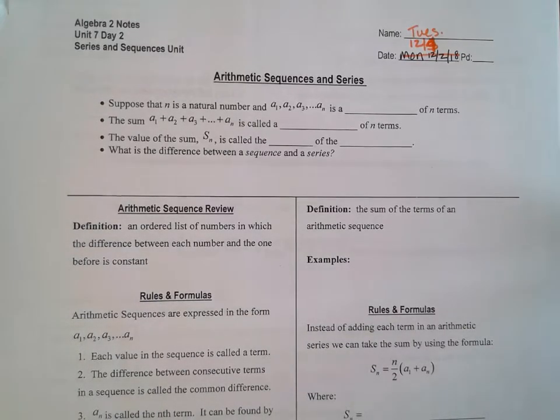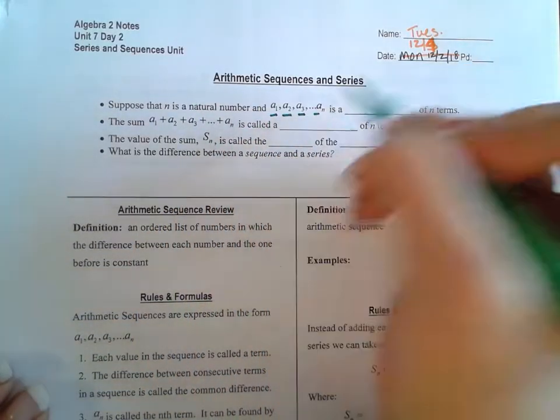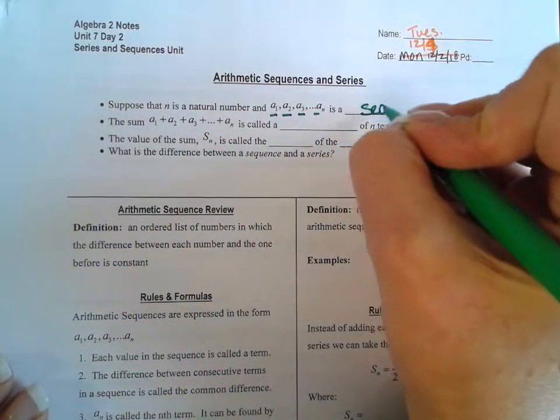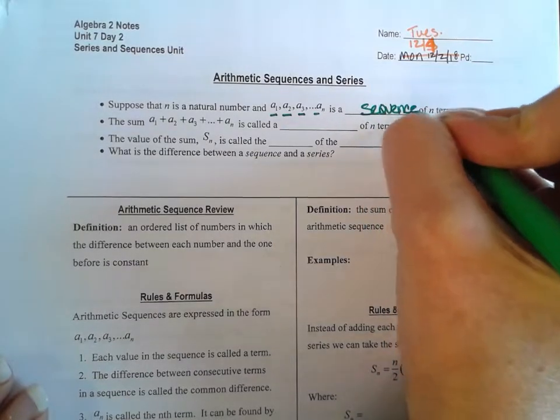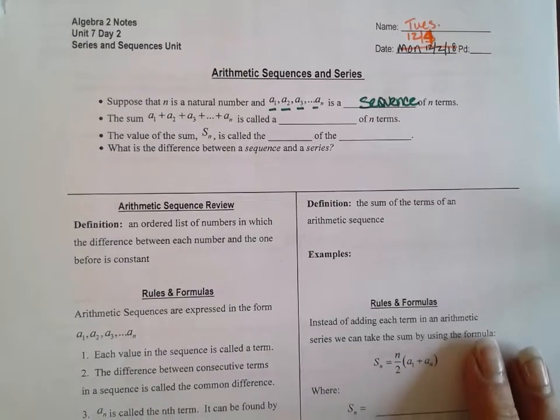Okay, so yesterday we talked about sequences, okay? And so if we have basically a list, it's a sequence. Agreed? Okay.